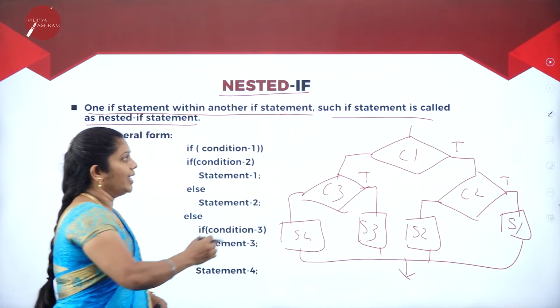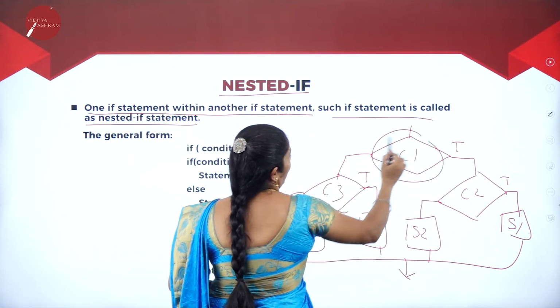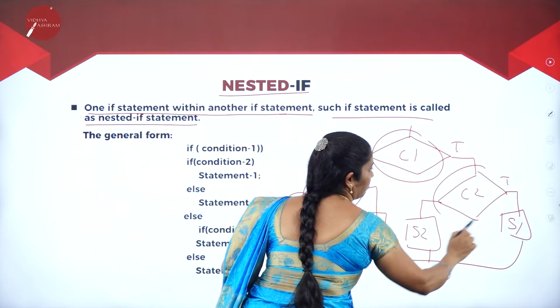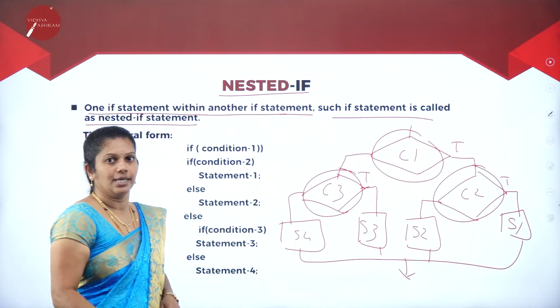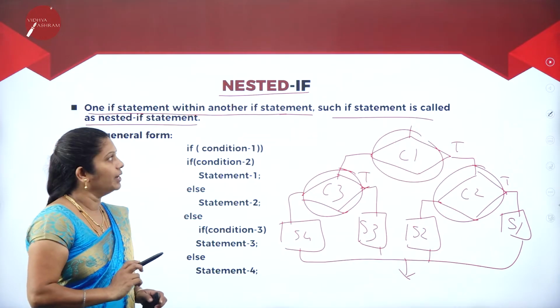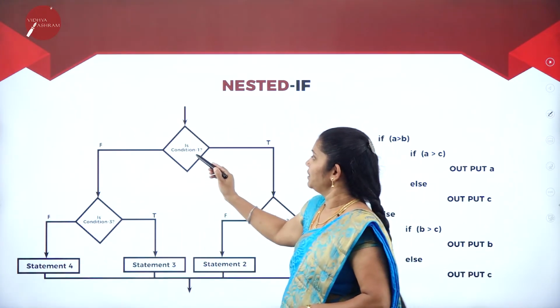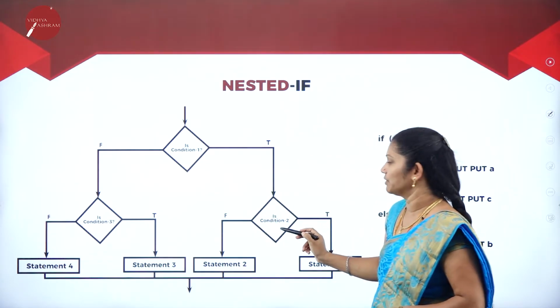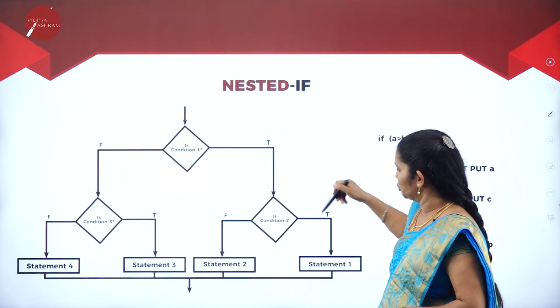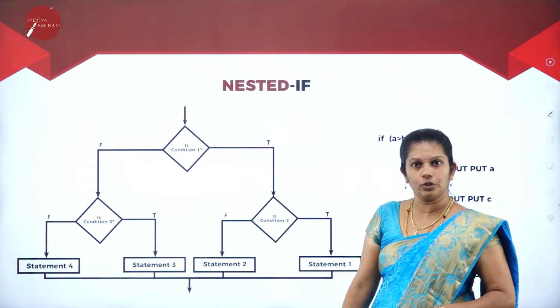It means that inside one if statement, if you have one more if statement, then it can be called a nested if statement. If you observe the syntax as well as the example here, see, if the first condition is true, then it will check the second condition. If the second condition is also true, then statement 1 will execute.